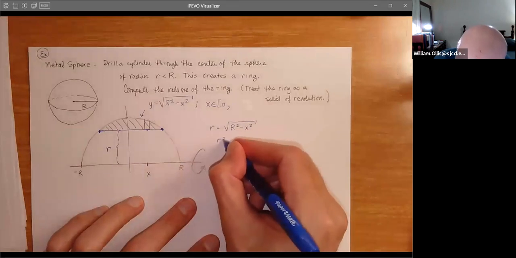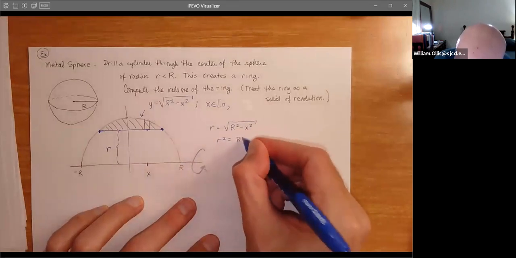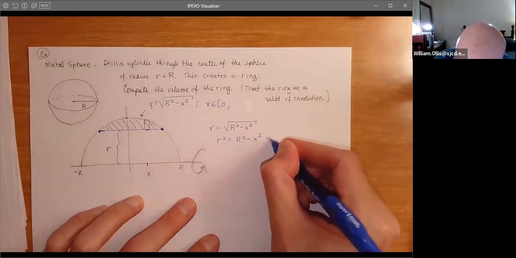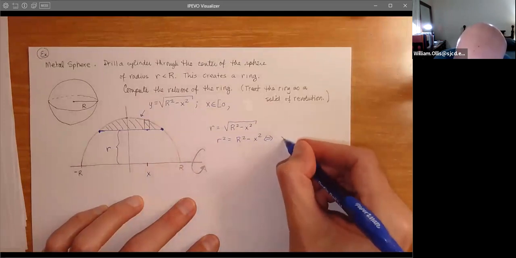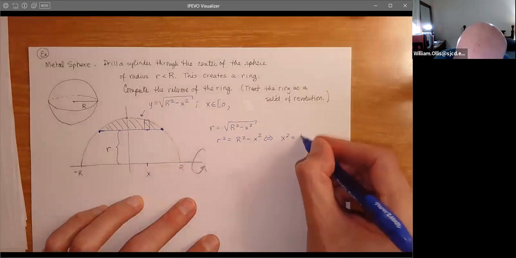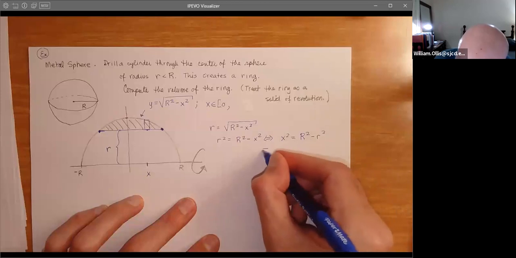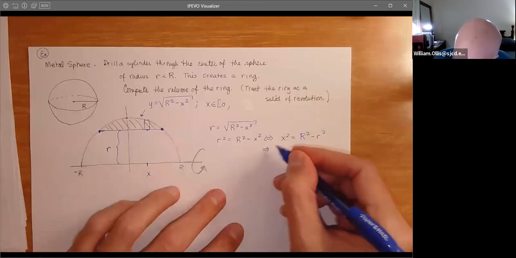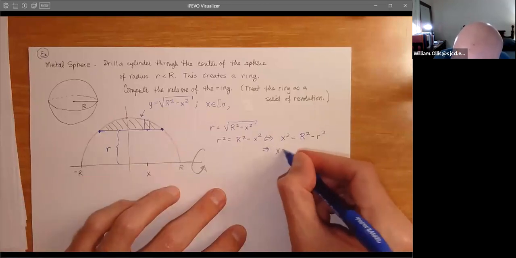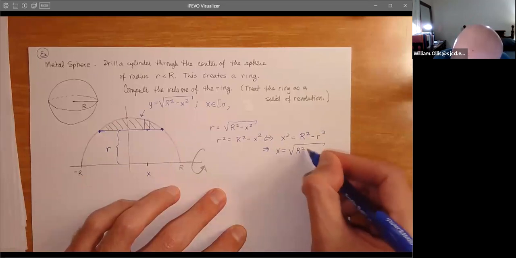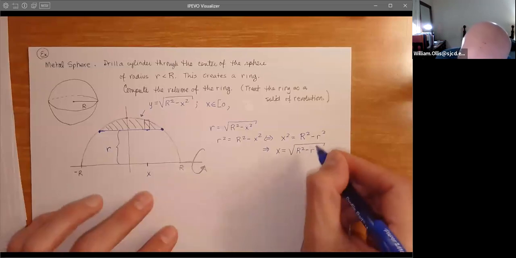So we get r squared equals R squared minus x squared, and just flip things around. So we have x squared equals uppercase R squared minus lowercase r squared. So this would imply, if we want the x right here, we'll take the principal square root. So now that's what goes here.